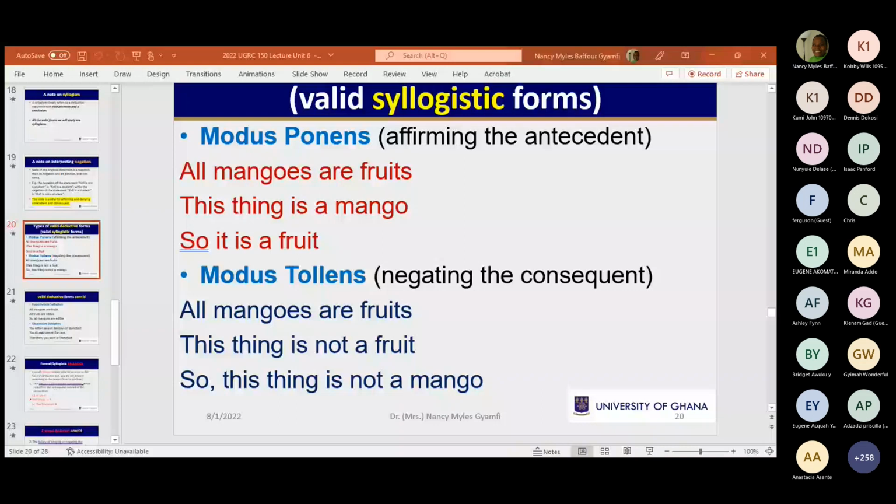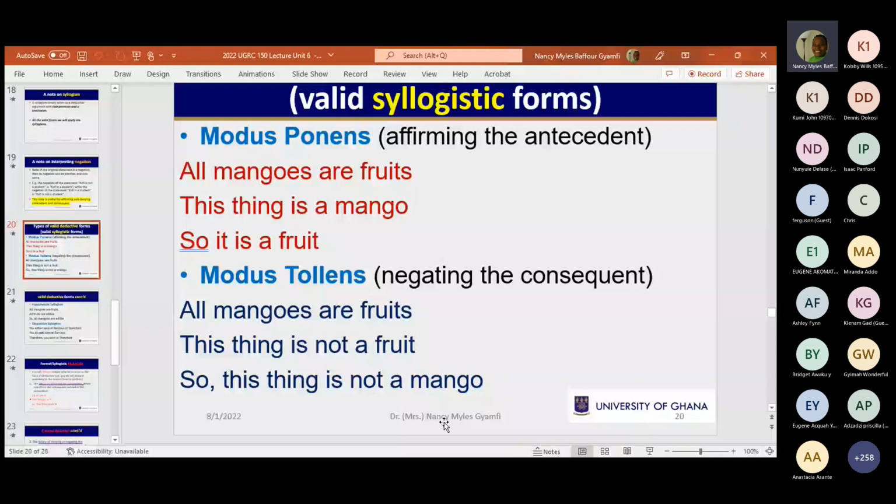Look at it. Now that you know your consequent, the rule says negate the consequent first. That's why that valid pattern modus tollens is called negating the consequent. So if I say if you study, then you will pass, we want to do modus tollens now using Kofi. What we say next will be Kofi did not study.